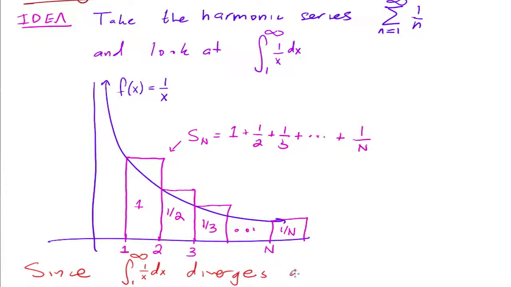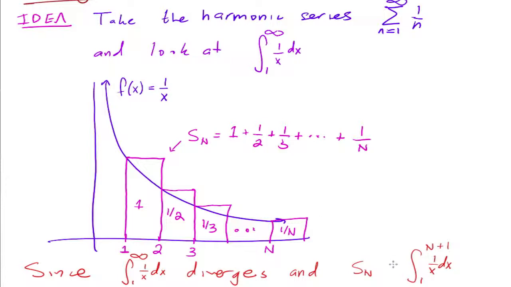That diverges, and if you compare the partial sums to the integral of 1 over x dx, what did we just say about the sum and the area under the curve? The partial sums are greater, right?